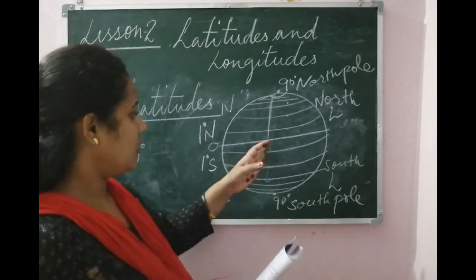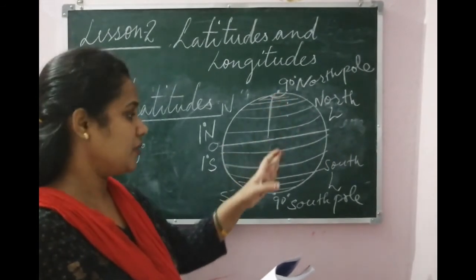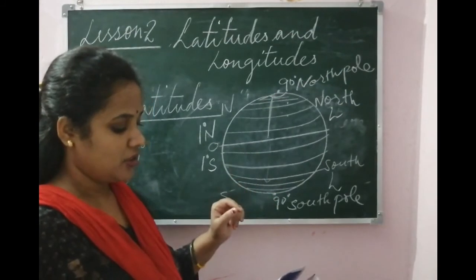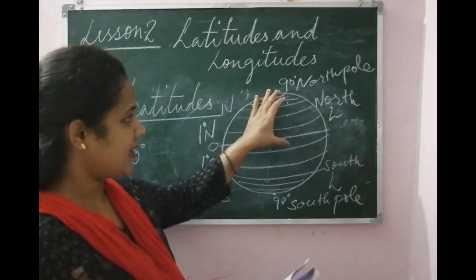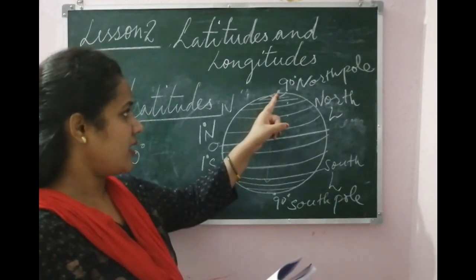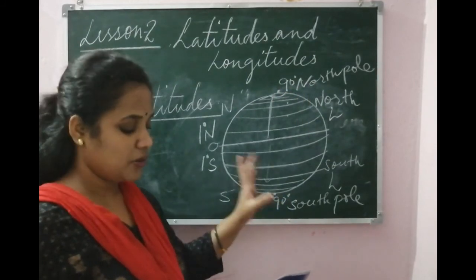The equator is 0 degree. In the north we have northern hemisphere, north latitude. In the south we have southern hemisphere, south latitude. There are 90 lines in the northern hemisphere, 90 in the southern hemisphere. The last, 91st, is 90 degree north pole and 90 degree south pole.